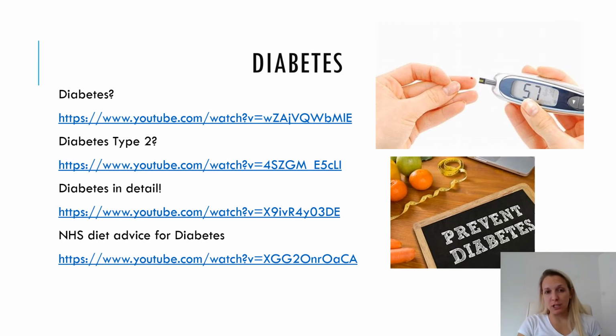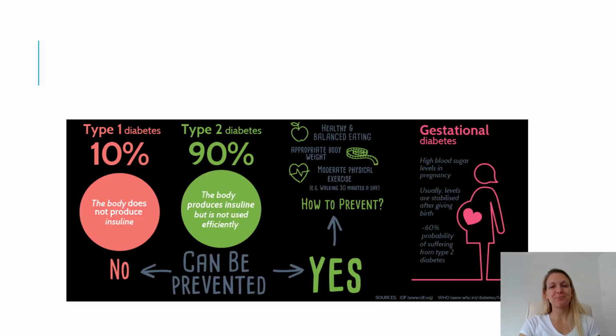Now the last video, diet advice. When it comes to the later assignments, you're going to need to know a bit about how to change your diet if you've got diabetes. So keep that in mind, guys. Keep that one safe. So just to clarify, if you've watched those videos, type 1 and type 2.